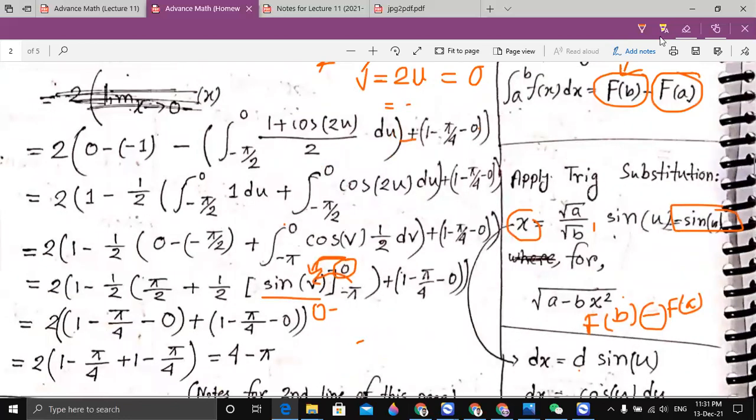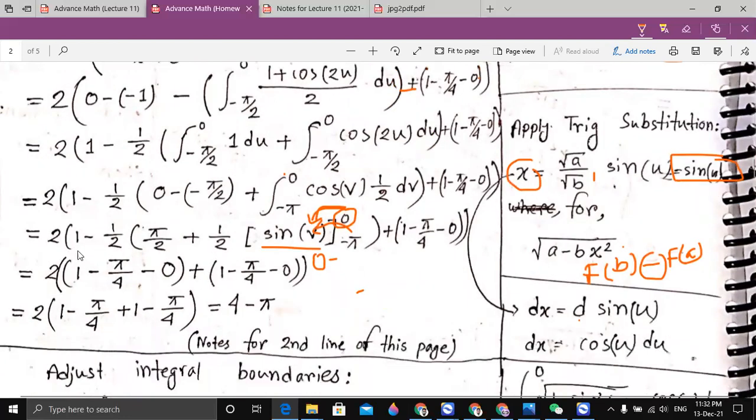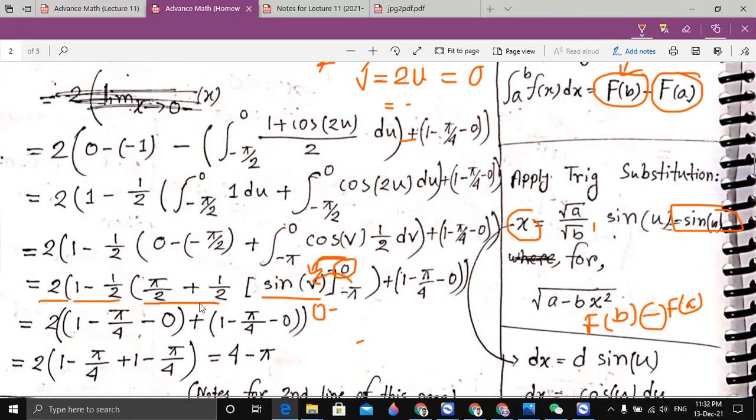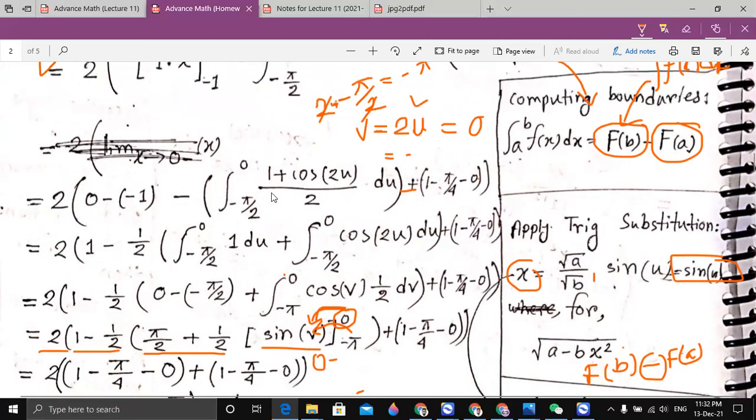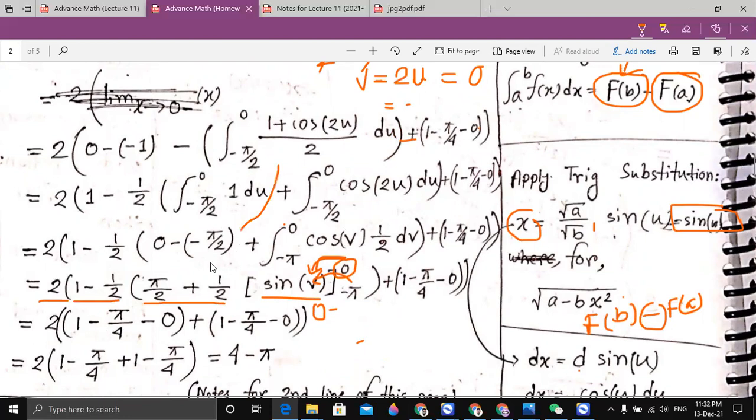Okay, let me see which part. 2 multiplied by 2 pi by 2 plus. Maybe this part we already calculated. Guys, do you remember we first calculated on du, right?